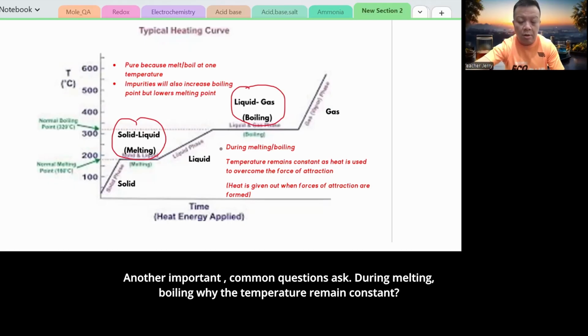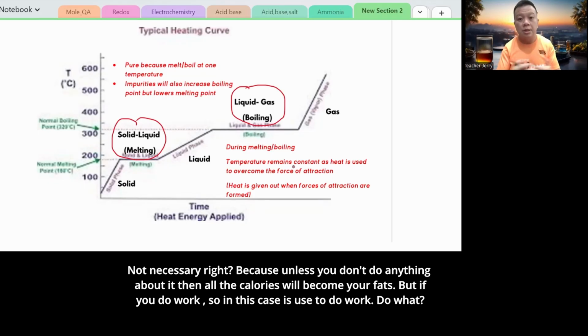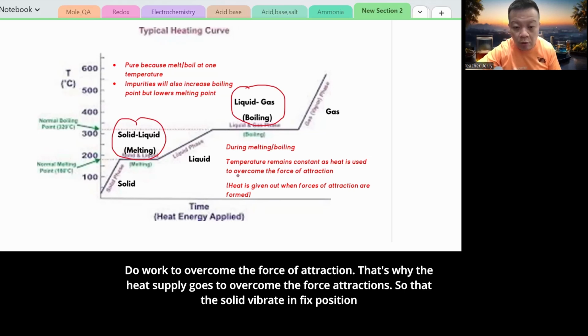And this is another important common question asked during melting and boiling: why does the temperature remain constant? It's like thinking, if you eat a lot of high-calorie food during the festive season like New Year or Hari Raya, does it mean that you naturally increase in weight? Not necessarily, right? Unless you don't do anything about it, then all the calories will become your fats. But if you do work, in this case, it's used to do work. Do work to overcome the force of attraction.